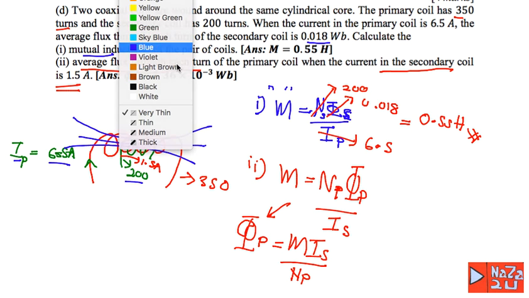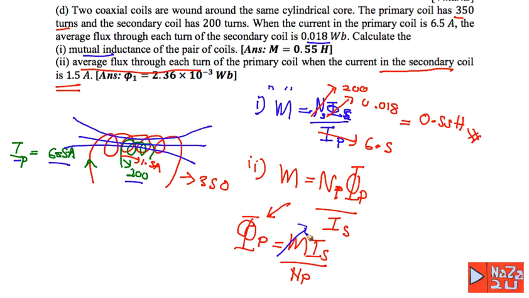So the mutual inductance is the answer from number 1, this is 0.55, because the mutual inductance between secondary and primary is the same magnitude, and the current in the secondary coil is 1.5, and the number of turns of the primary coil is given as 350.